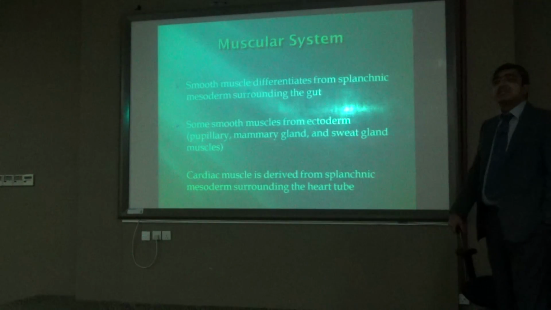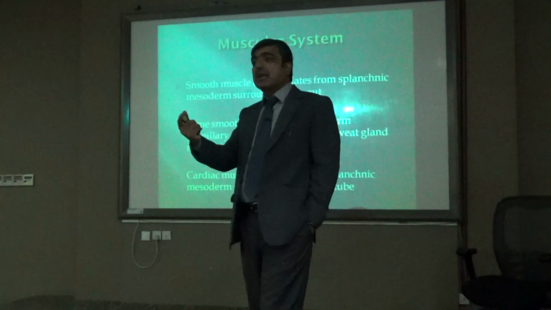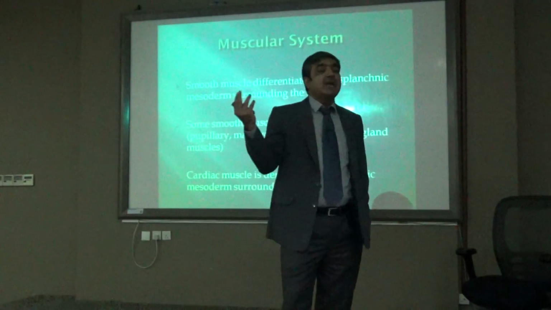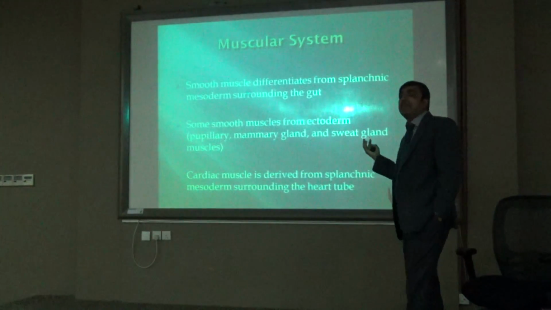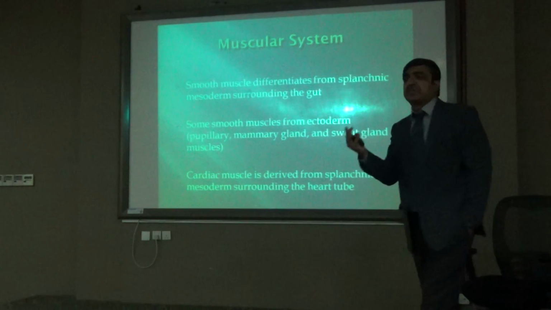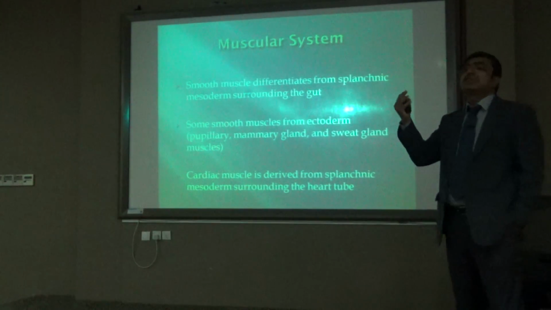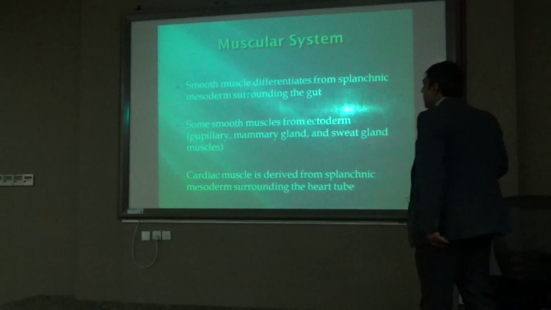And sweat gland muscles. What are sweat glands? In the skin. So these are muscles, but they don't derive from mesoderm. They are actually derived from ectoderm. So these are few exceptions, but mostly muscles, the skeletal, smooth, or cardiac, derive from the mesoderm.